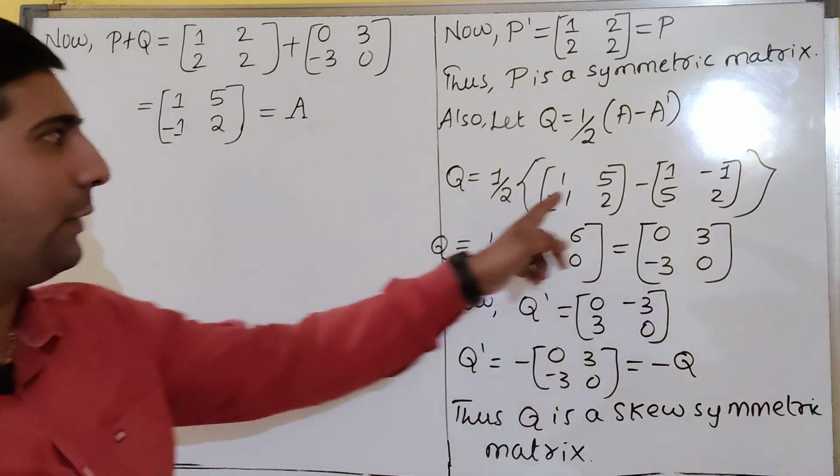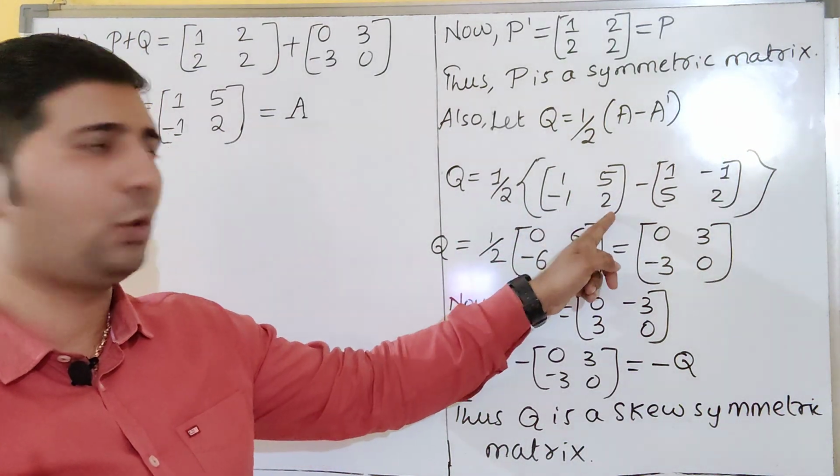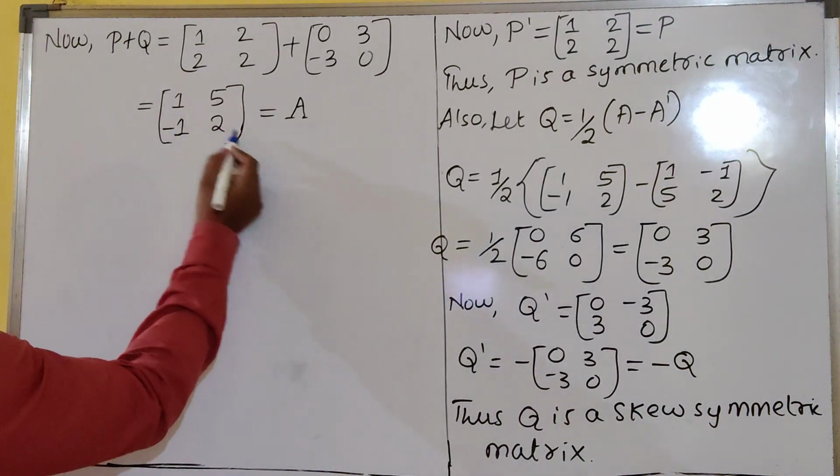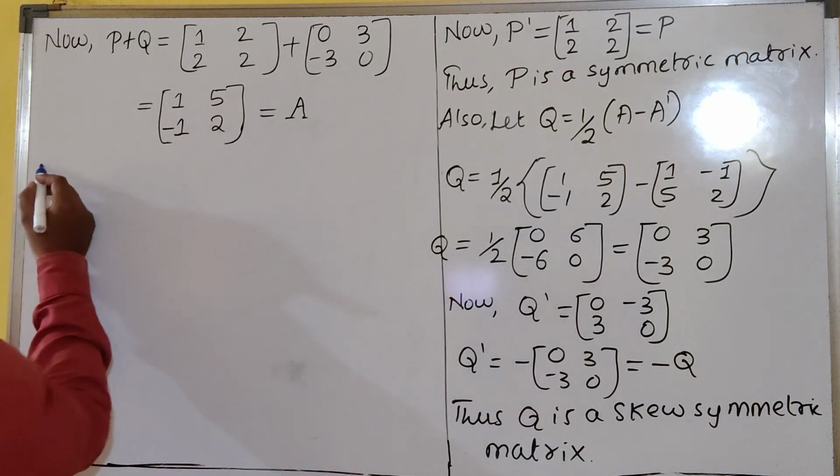You can check, the A value is what? [[1, 5], [-1, 2]]. This is minus 1, don't get confused. So then we can write what?